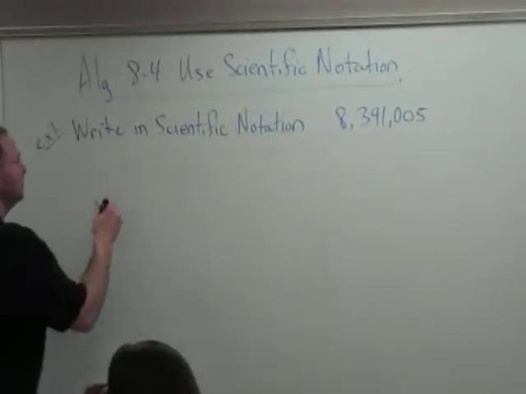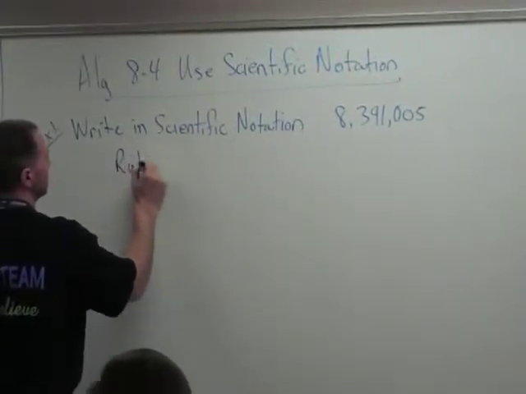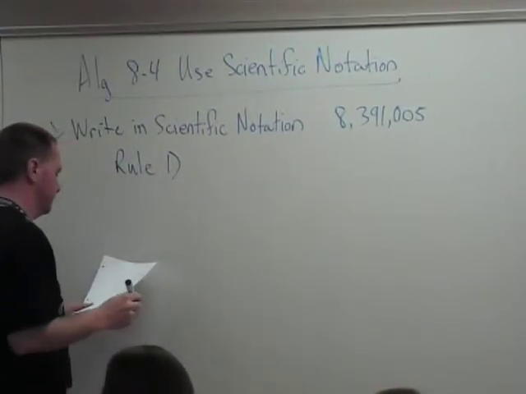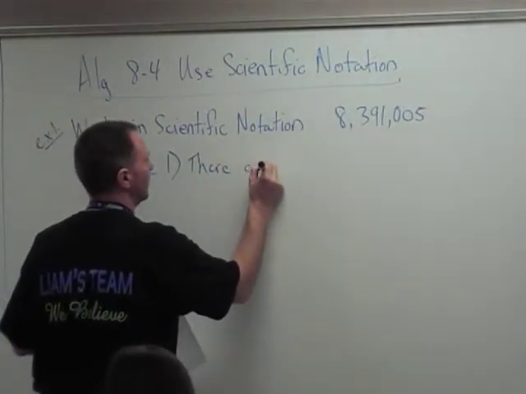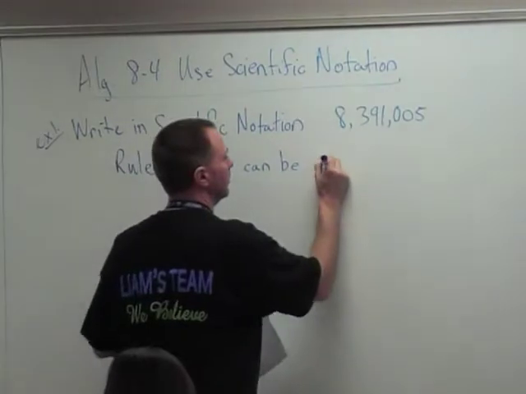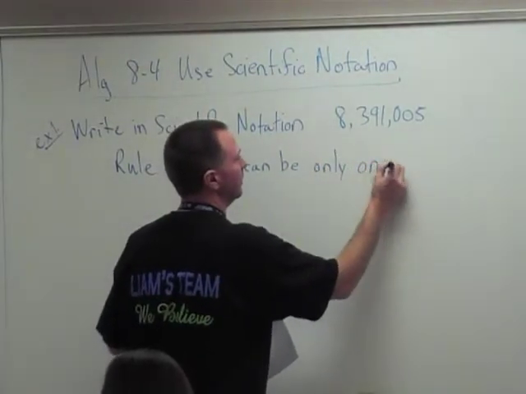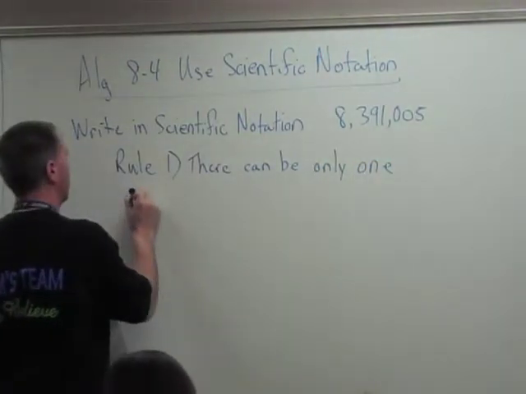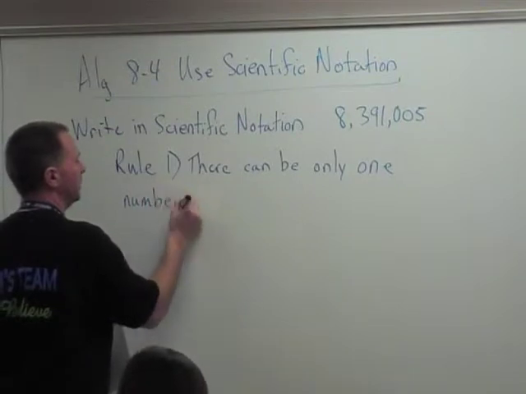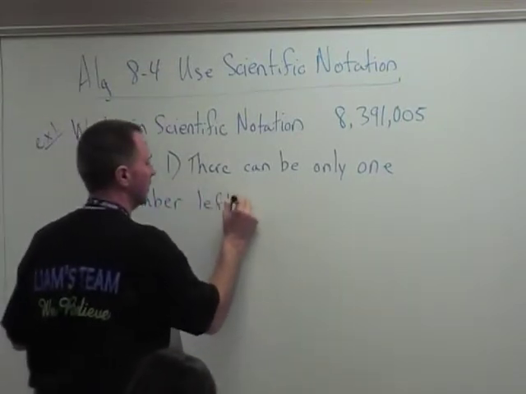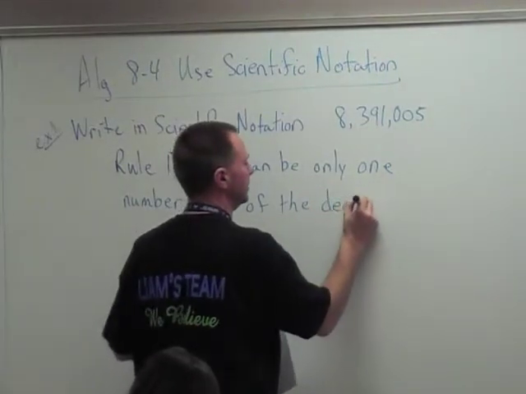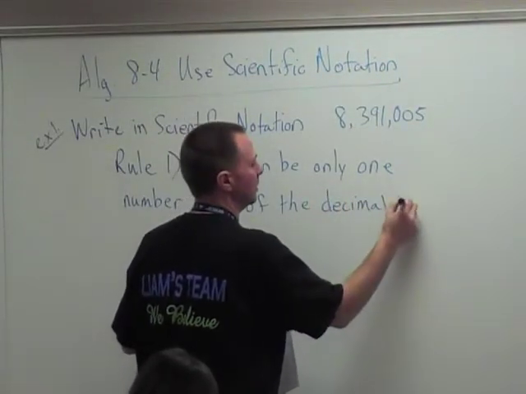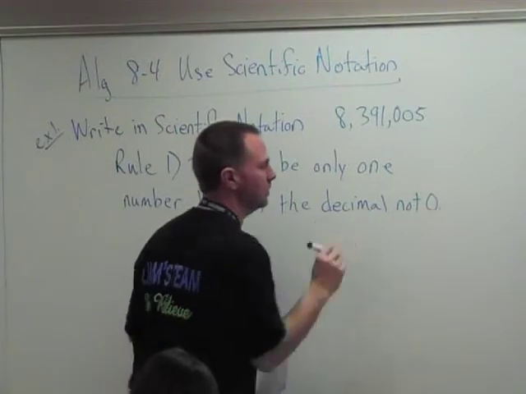Rule number 1. There can be only one number left of the decimal, not 0.